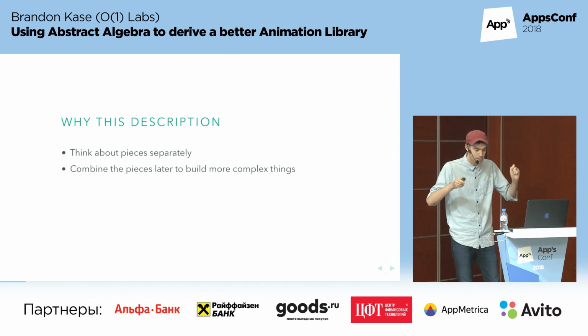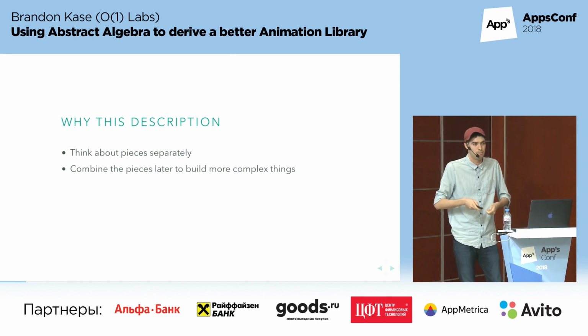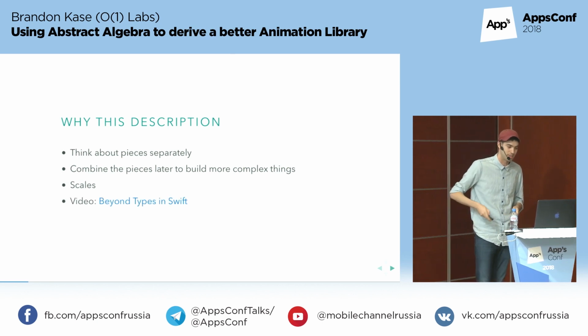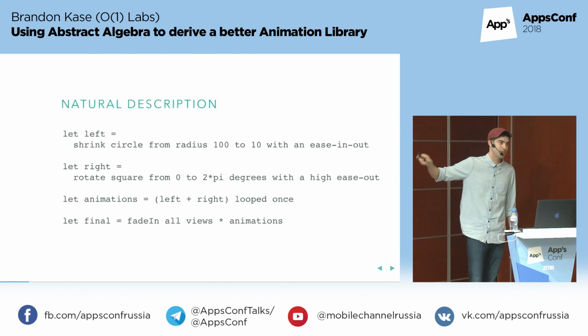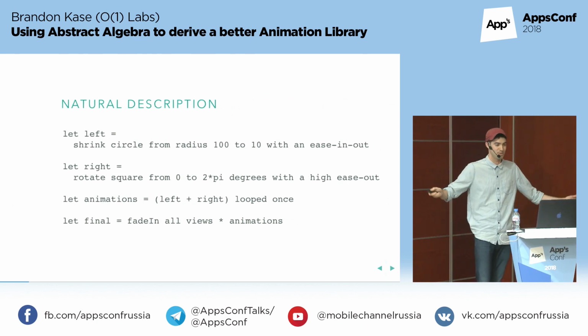I just want to combine them. And being able to not care about the underlying pieces of our animation makes it easy to build complex things. It makes it easy to refactor. It scales. We can have multiple engineers look at it. We can have you over multiple months look at it. I have a talk where I go more into this, but you can click on that later. So this description, I say, is natural and scalable. Hopefully you believe me.